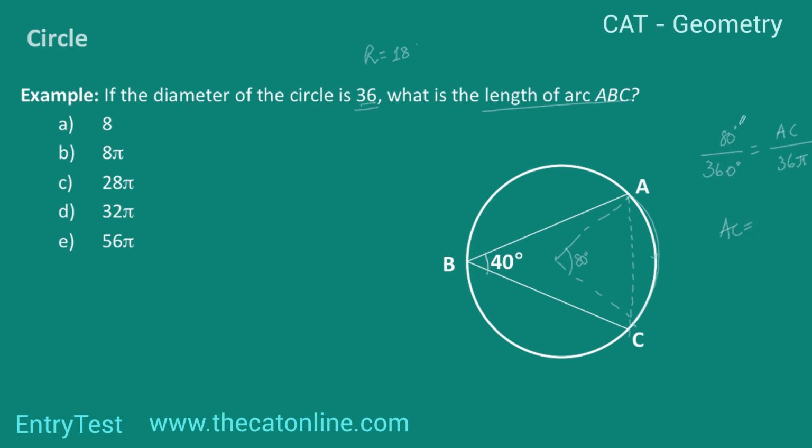I can just cancel this out. So this AC is coming out to be 8 pi. So I want the bigger one. So this will be 2 pi r, which is 36 pi minus 8 pi will give me my answer, which is 28 pi. So 28 pi is my answer for length of the arc ABC.